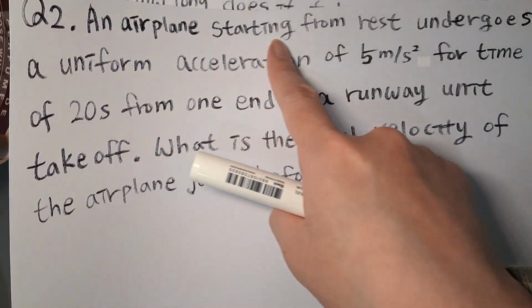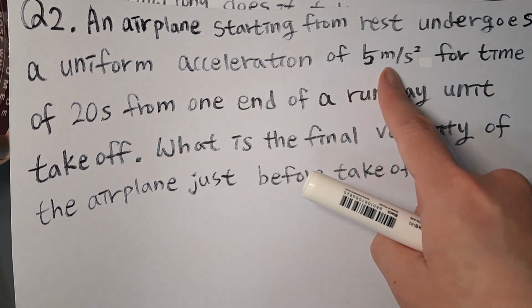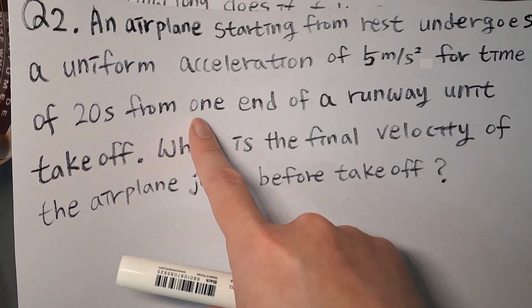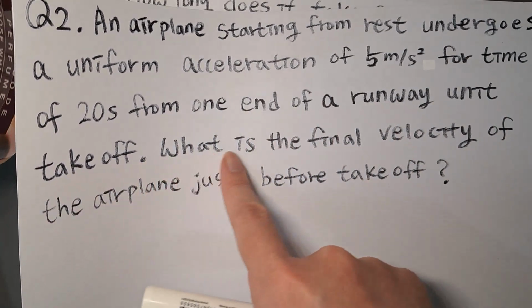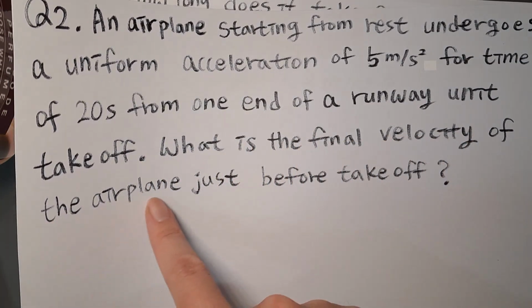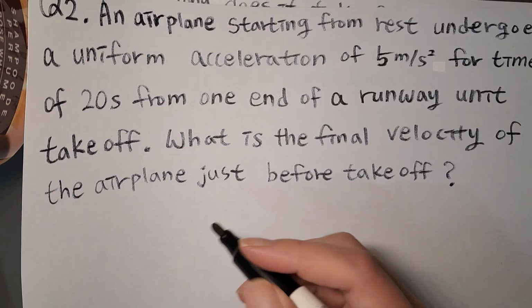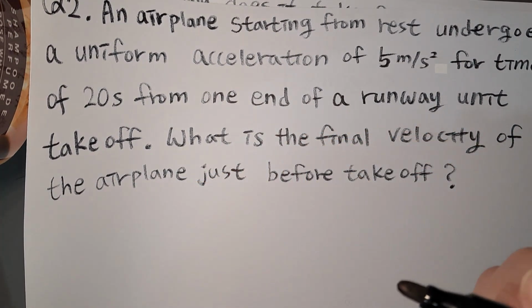An airplane starting from rest undergoes a uniform acceleration of 5 meters per second squared for a time of 20 seconds from one end of a runway until takeoff. What's the final velocity of the airplane just before takeoff? So we are going to find the final velocity.